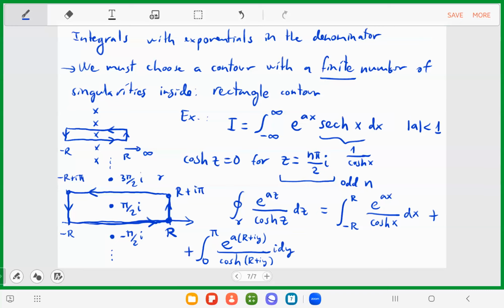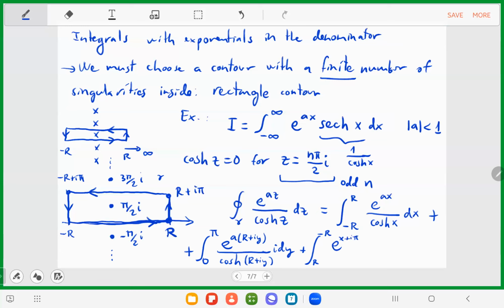Then we have to go on the horizontal piece from r plus iπ to minus r plus iπ. So again, it's an integral along x, but now starting at r, ending at negative r, and z here is x plus iπ, right?